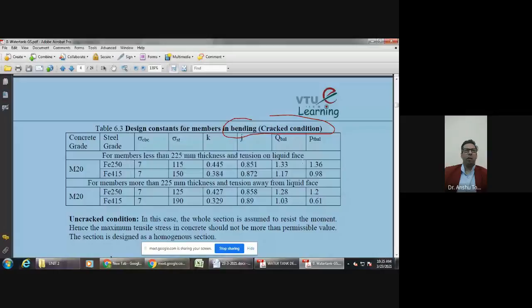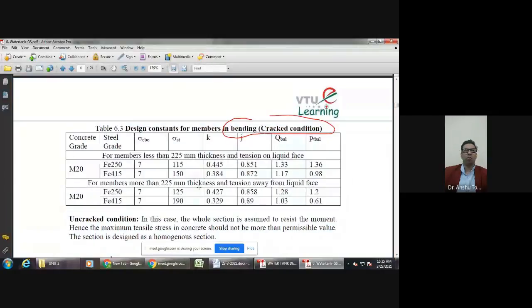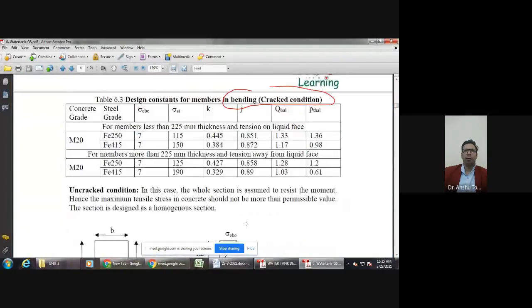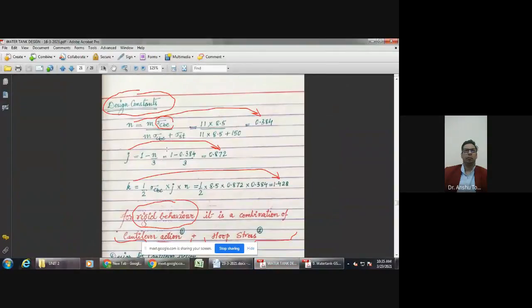I will share M25 values also; there we have M20 only. Instead of finding it this way, it can be done that way also, that you can memorize it and write it. That's what I told you yesterday.